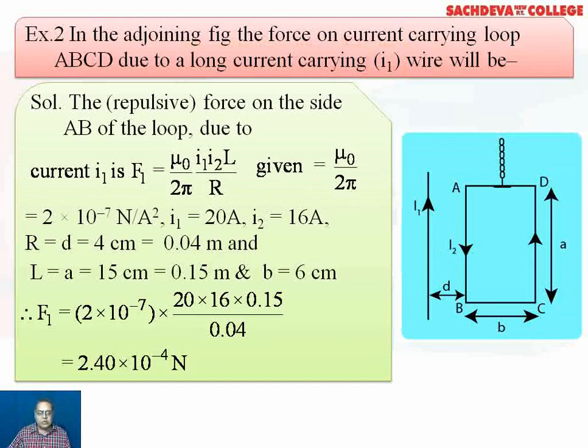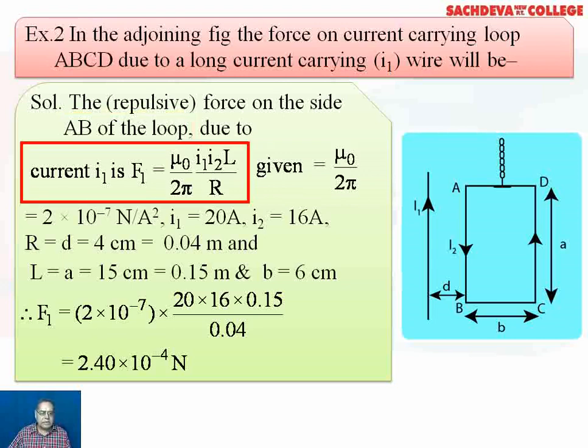Face AB is close to a conductor carrying current I1, and the side of the square is taken as A. So what exactly are we finding? The repulsive force on the side AB of the loop. Why repulsive force? Because currents are in opposite direction.